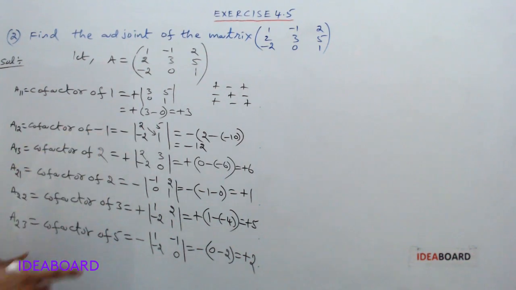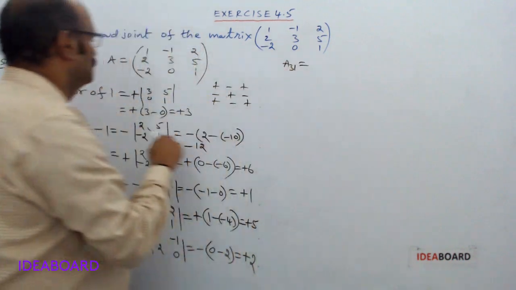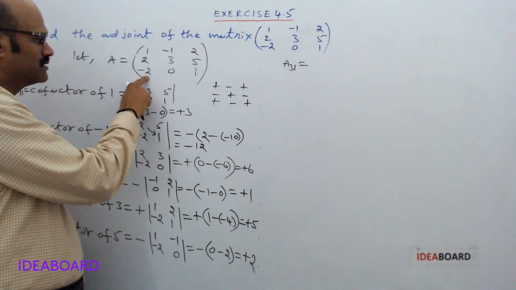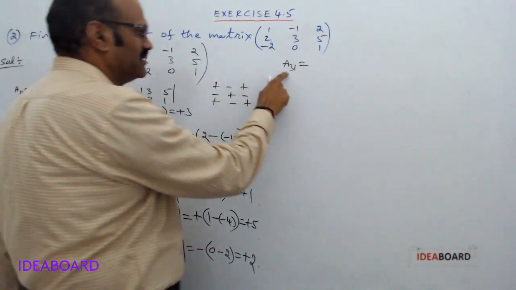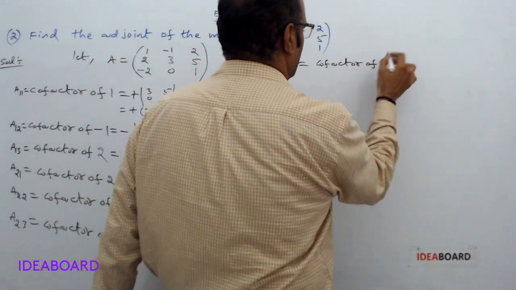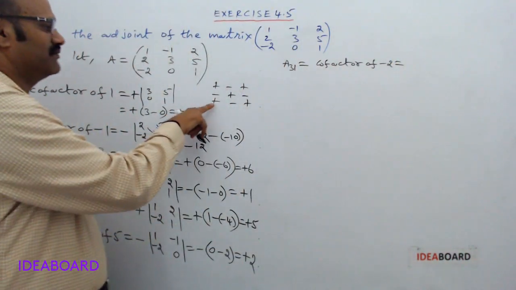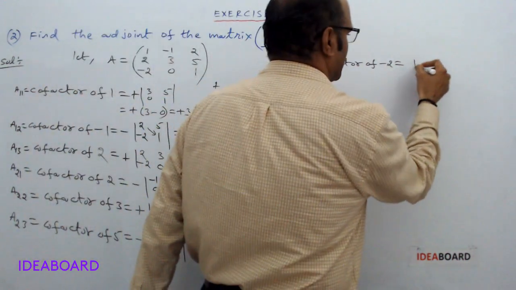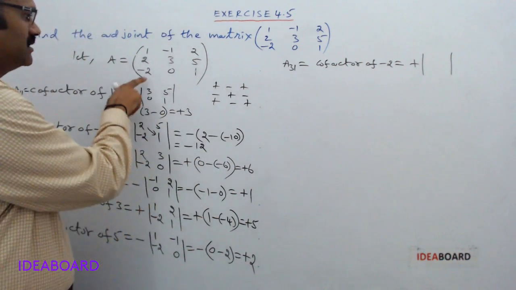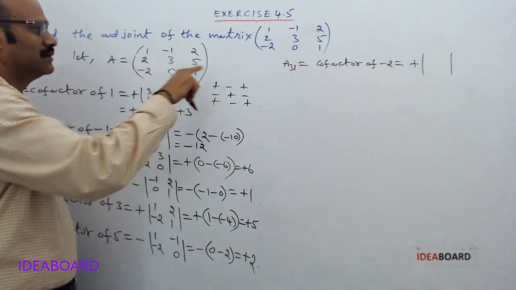Next, cofactor of minus 2, A31, the element lies in third row and first column. So the cofactor of this one denoted by capital A31 equal to cofactor of minus 2 equal to, we are having the sign plus, so we have to take plus here, into determinant of the element minus 2 lies in first column and third row.